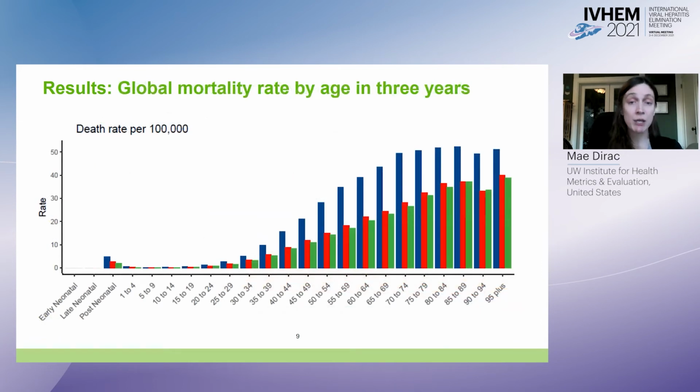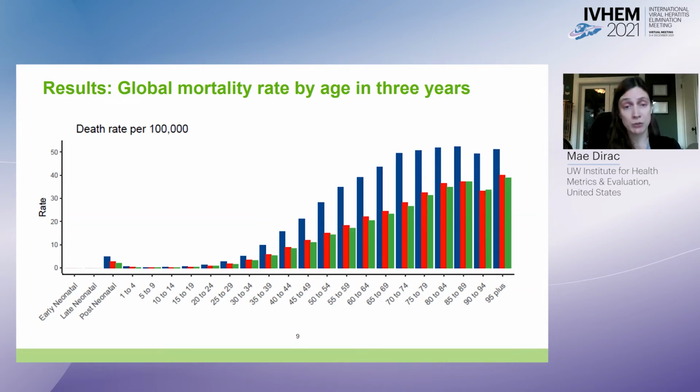Just want to briefly look at age patterns for mortality over time. So here we're again looking at death rates per 100,000, just as in the last slide. But rather than for all ages combined, we've divided these out. These are the age-specific death rates.